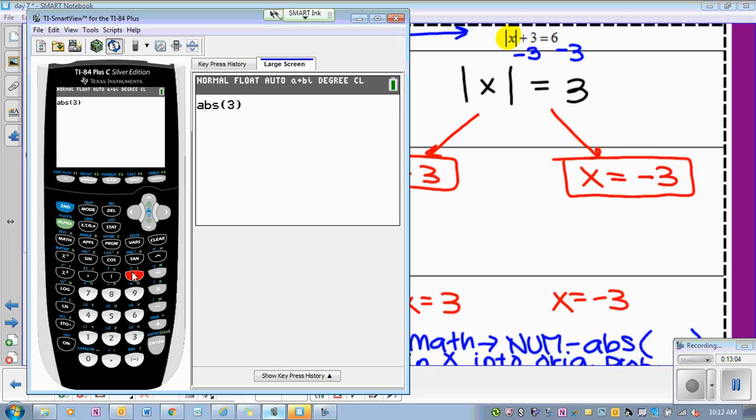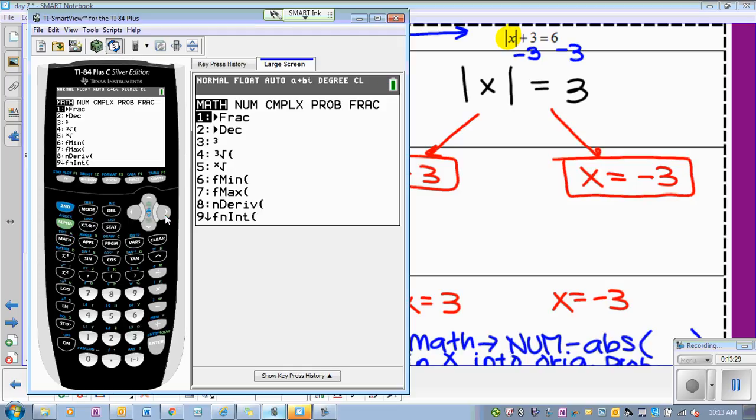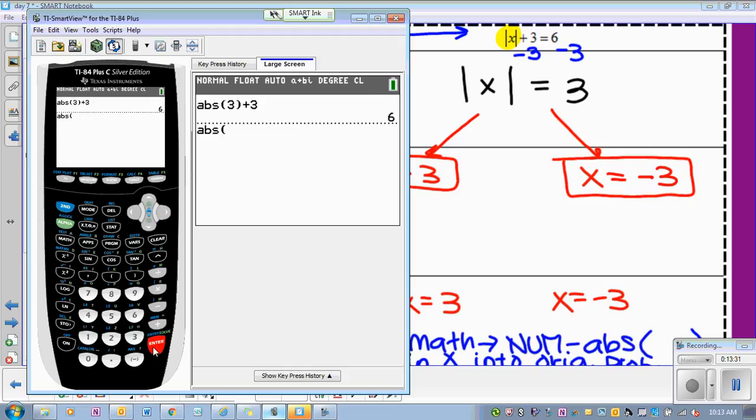And then what else is there in your original problem? Plus 3. And then when you hit enter, if you get 6, just like your original problem, that means that one works. It's a solution, right? Hit enter. Yes, it worked. Let's try the other one. Let's try the negative 3. Math, number, abs, negative 3.